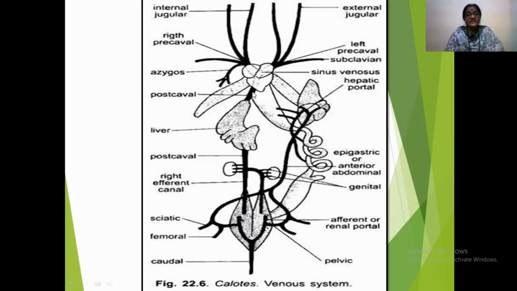Here is the postcaval. This postcaval runs anteriorly, joins with the right precaval, and thus it forms the sinus venosus.